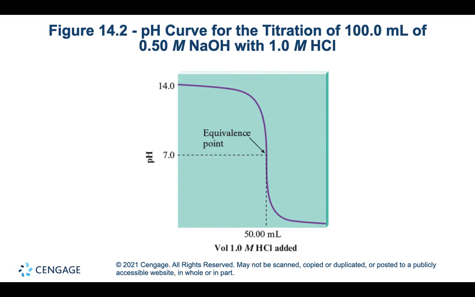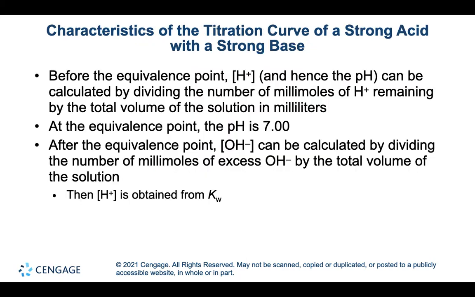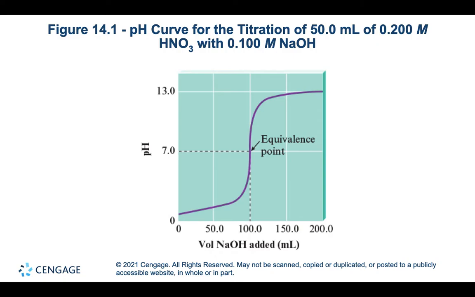Now, hopefully these curves show you why you get such a dramatic color change for your indicator phenolphthalein when you get to that equivalence point. It goes from colorless to usually a fairly dark pink with just the addition of one drop. See, that's because that drop causes you to blow through that equivalence point, and the pH rises sharply when you get right around that equivalence point.